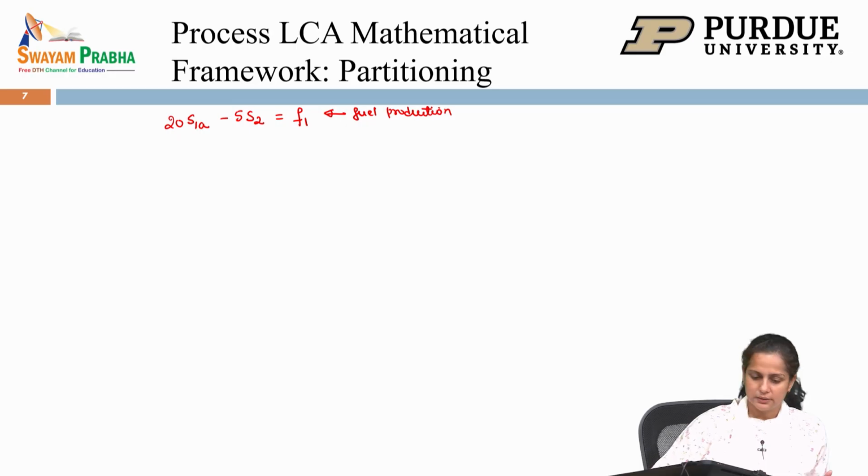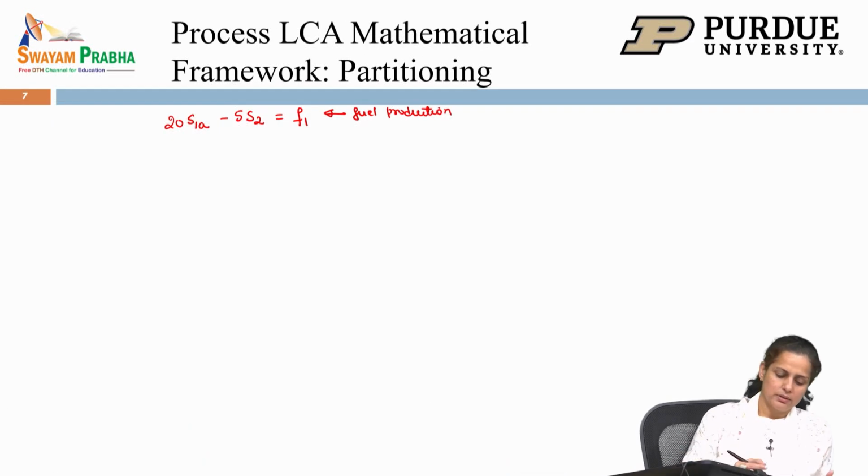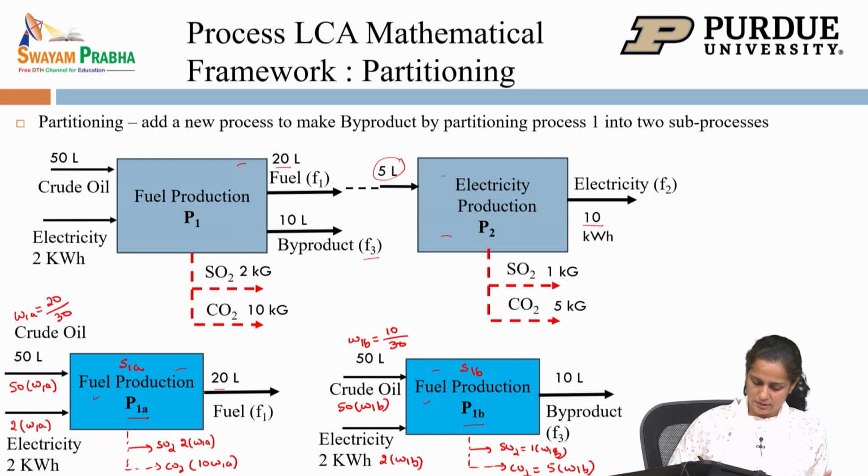Then we will look at the electricity. So, electricity is being produced as 10 times S2, and then it is being consumed in both process 1A and 1B. So, let us write the consumption of electricity as 2 times W1A.